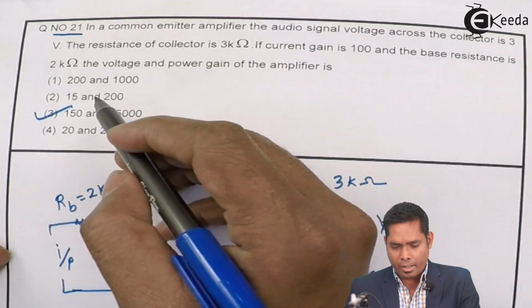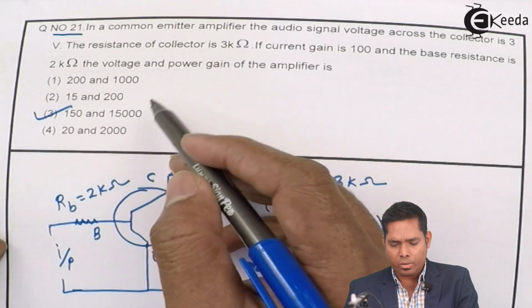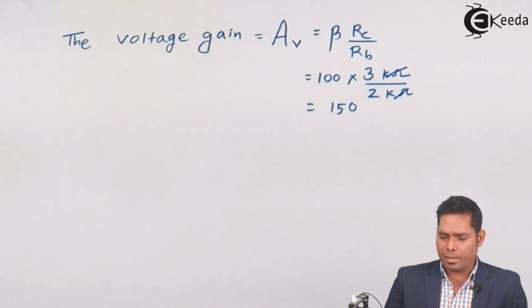But still, suppose I have another option which also has 150, then I have to calculate this one also, that is the power gain. So let us find the power gain.